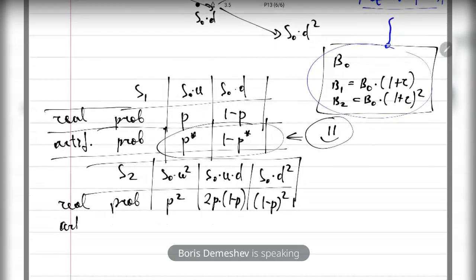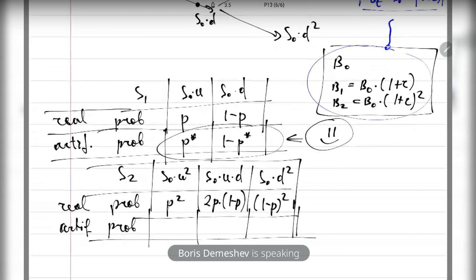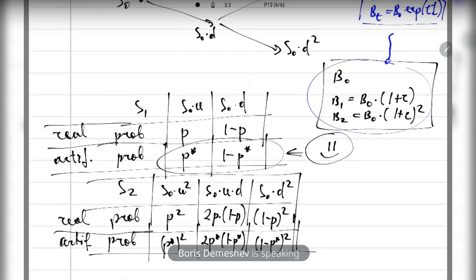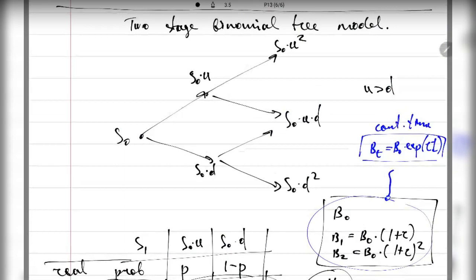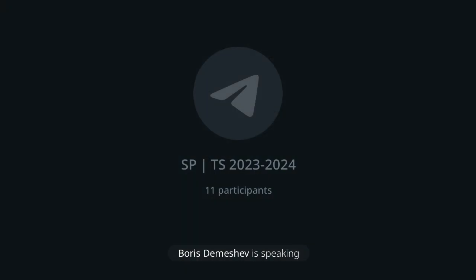And artificial probabilities are P star squared, twice P star times 1 minus P star, and 1 minus P star squared. So we have 2 probabilities. We can calculate 2 probabilities for any event.